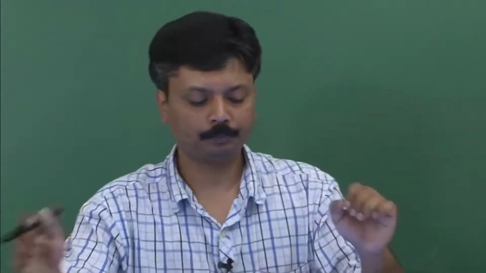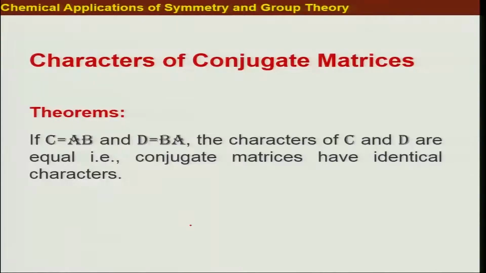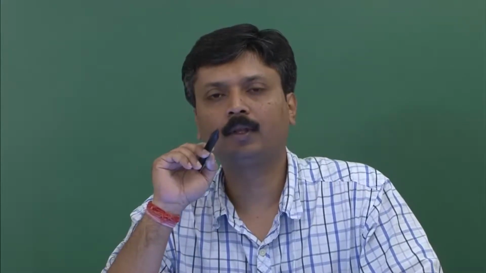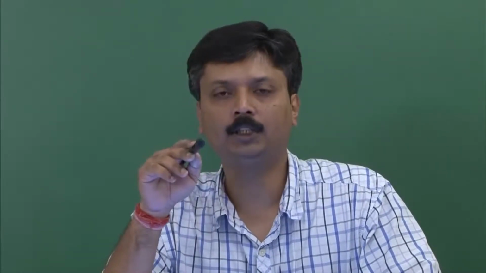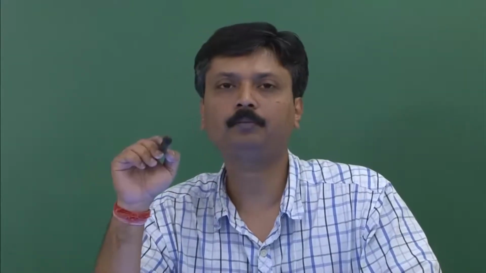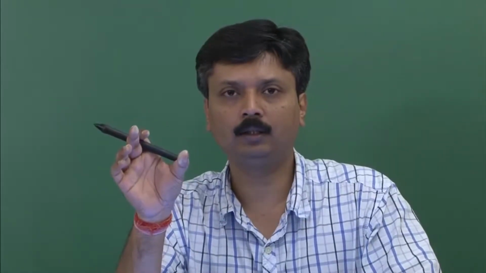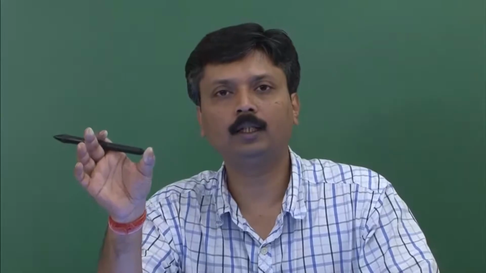Fine. So an important theorem about these conjugate matrices is that their characters are equal, identical. We have learned that conjugate elements of a group form a class, right? Once we do the similarity transformation on all the elements of a group, in our case the symmetry operations, we find that certain elements form certain classes.